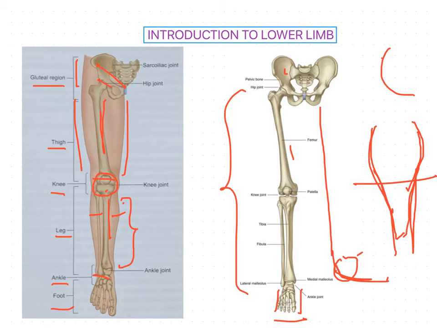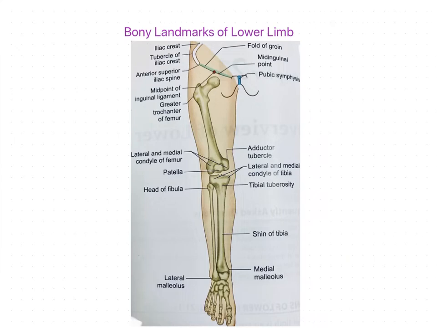Now we will see the bony landmarks of the lower limb. So this is called as surface landmarks, we can call it as. So the first surface landmark of the lower limb is the anterior superior iliac spine.